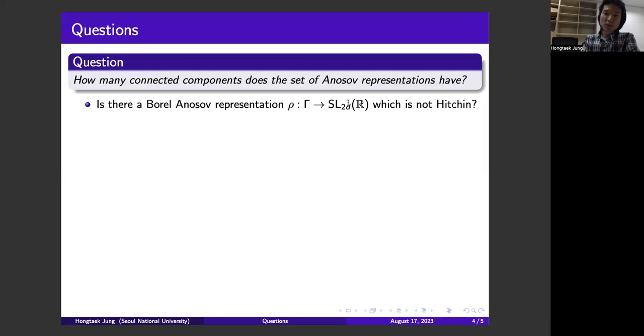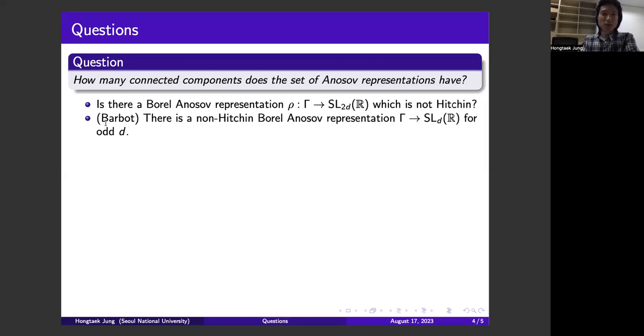I assume that the dimension is even because for odd dimension there is a counterexample by Thierry Barbot, who found a non-Hitchin Borel-Anosov representation in odd dimension. But for even dimension, this question is still open.